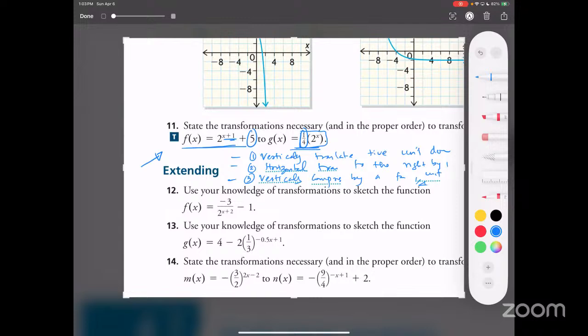If you do it the other way around, you're going to get a different graph. So we always go back to the vertical translation first. The last transformation we do is always moving up and down, so when I reverse it back, we first reverse the up and down, then right or left. Are you just following that?